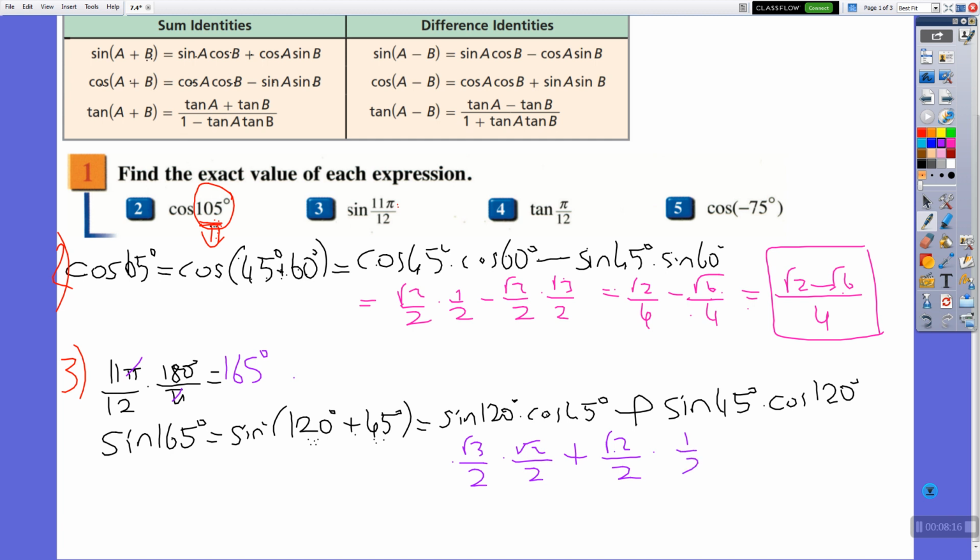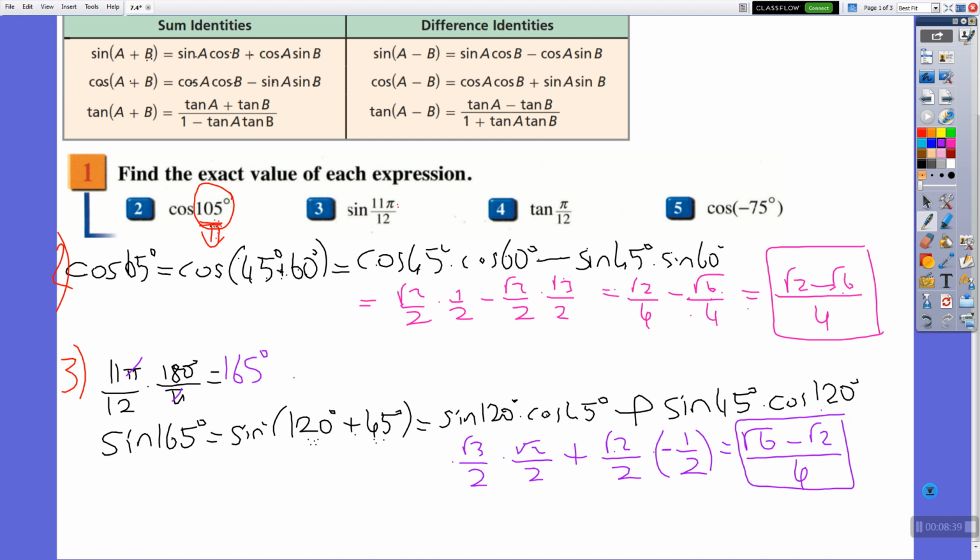Cosine 60 is half, but since it's in the second quadrant, the sign is negative. Be careful about that. So it's going to be equal to square root of 6 minus square root of 2 over 2 times 2, which is 4. That's it.